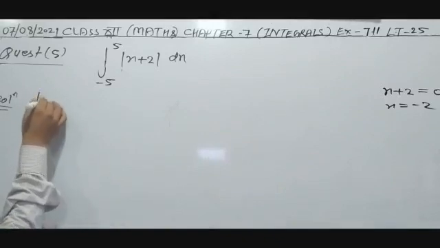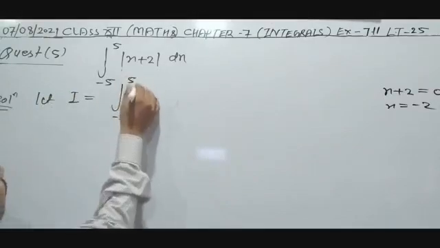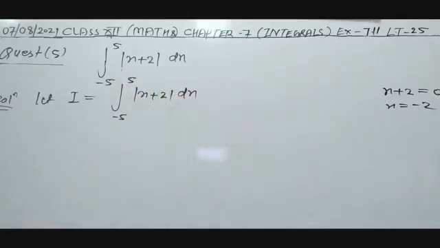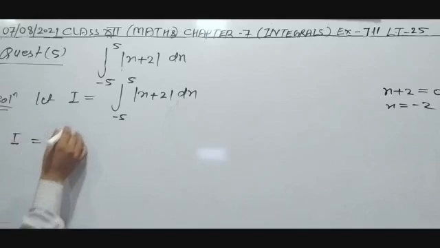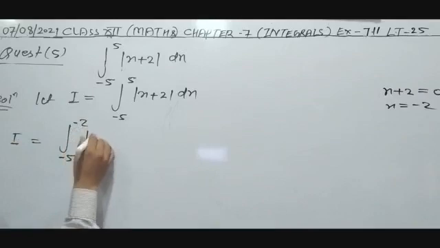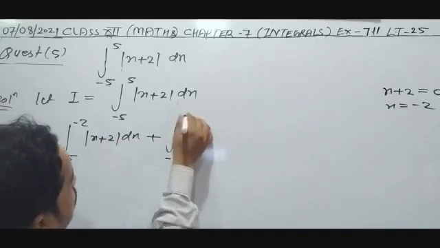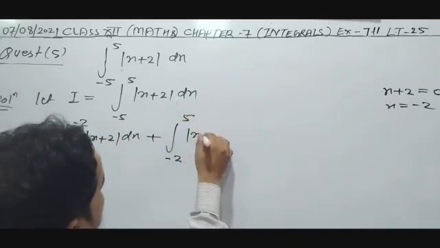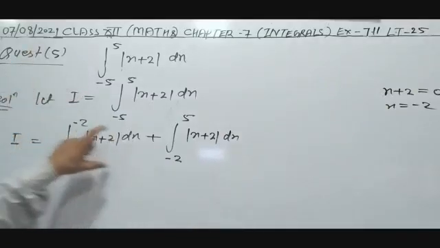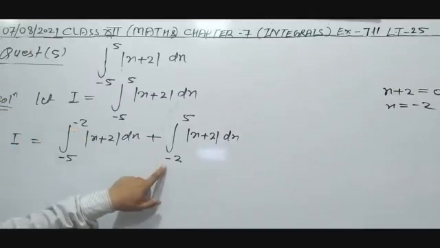Suppose let I is equal to the integration from minus 5 to 5 of mod of x plus 2 dx, and we can split it: I is equal to the integration from minus 5 to minus 2 of mod of x plus 2 dx plus the integration from minus 2 to 5 of mod of x plus 2 dx. Since minus 2 lies between minus 5 and 5, this integration will split into two integrals.